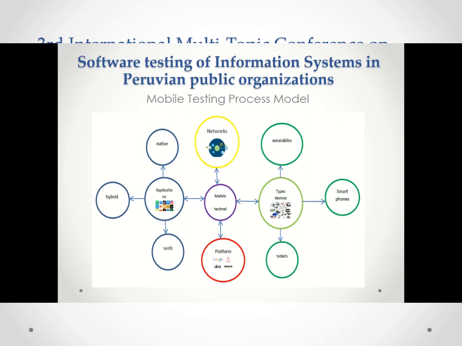When we refer to mobile technology tests, the quality team must always keep in mind the mental map as we show here.